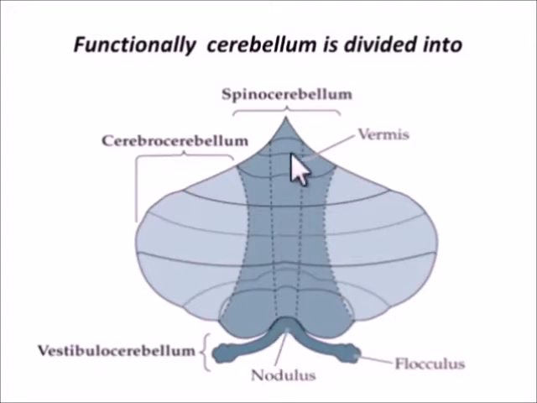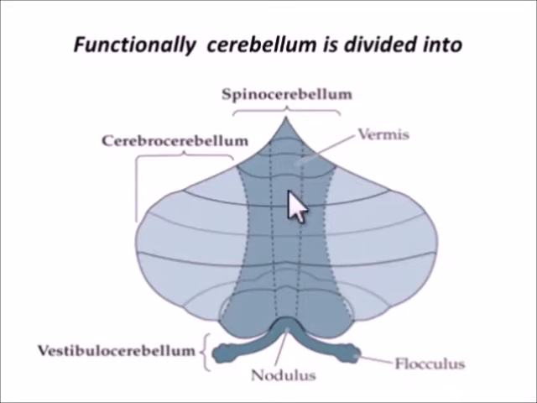The spinocerebellum is called so because it receives tracts from the spinal cord, and these tracts are the anterior spinocerebellar tract and posterior spinocerebellar tract that come from the lower part of the trunk and from the lower limbs.